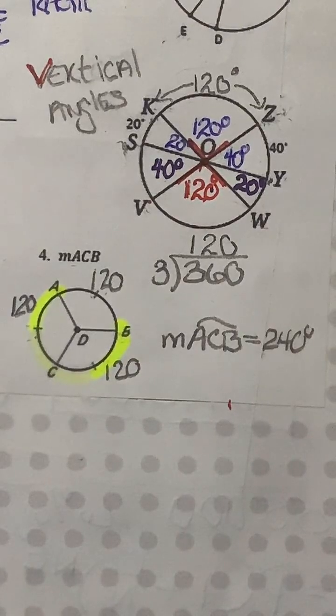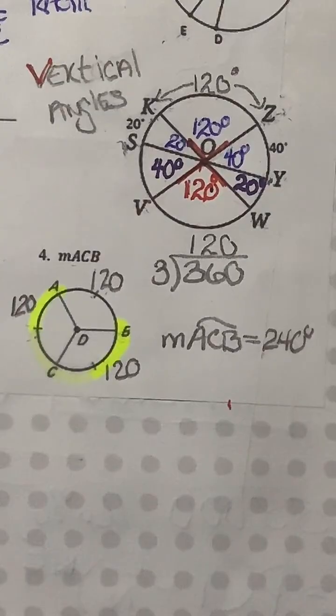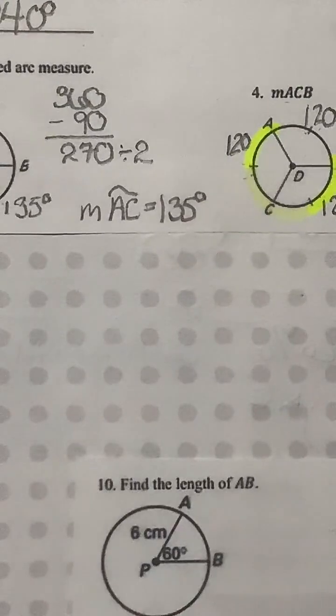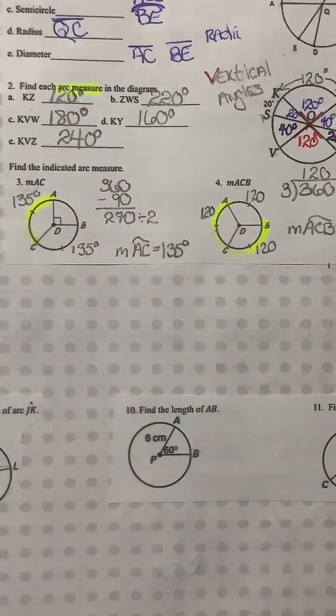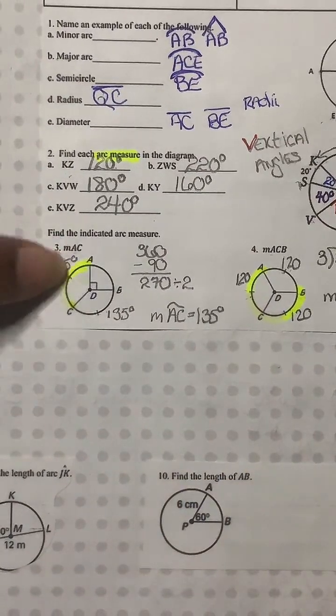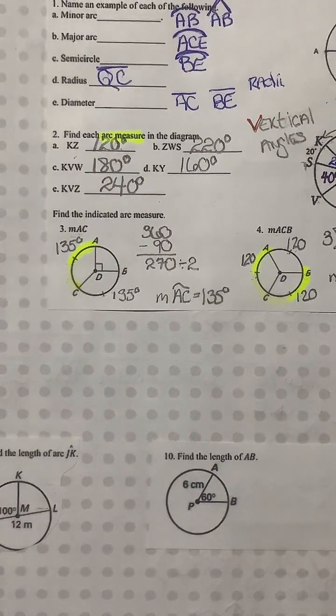All right. So now, this is the other part that I think I just want to cover and just stop. The other part that a lot of people get mixed up. There is a difference between arc measure and arc length.